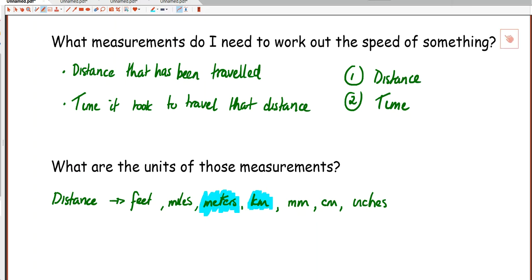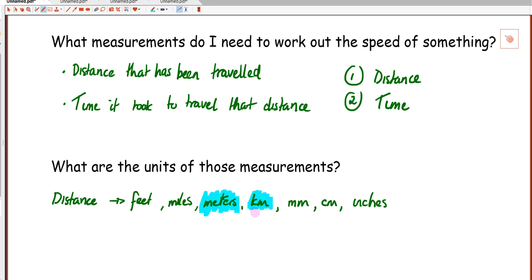If I said to you, you could run 10 meters or 1 kilometer, which one would you choose? 10 meters, yeah? Because 1 kilometer. So does anyone remember how many meters 1 kilometer would be? We did the conversions and things. 1,000, that's it. There's 1,000 meters in a kilometer.